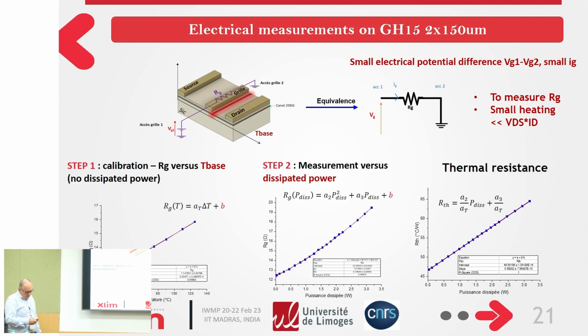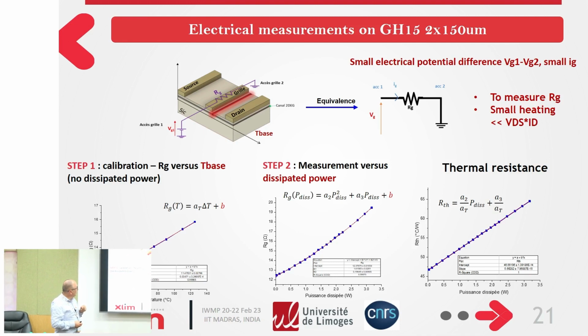The second measurement is performed by using the gate, the resistance of the metal of the gate, and we apply a small variation in the two gates, only a few millivolts, in order to create a current and to measure the ratio between the voltage and the current and to measure the variation of the resistance. And we apply also VDS to have power inside the device.